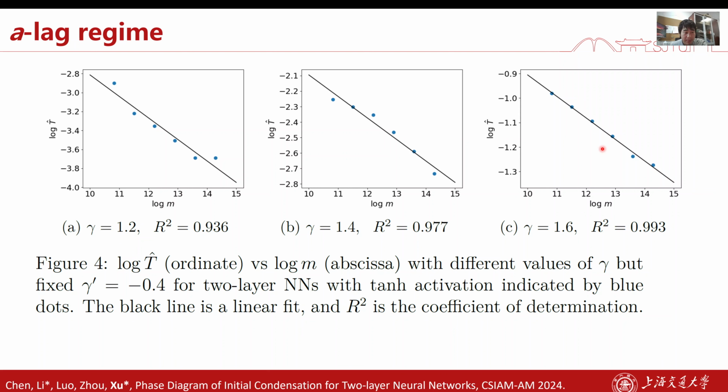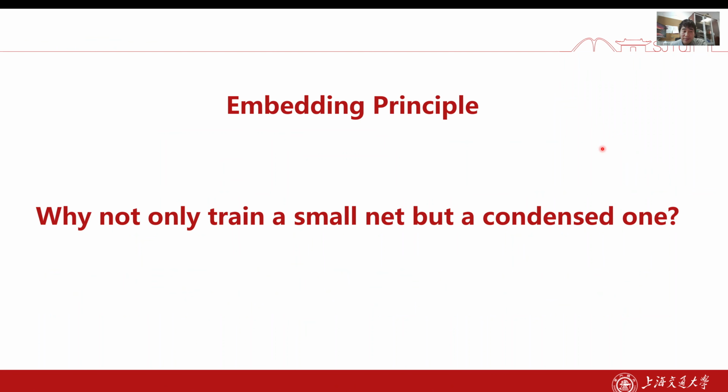And in the next piece, we actually wonder: if after condensation the neural network is equivalent to a small network, why don't we train a small net, rather than train a condensed large network? This will be related to the embedding principle we are going to talk about. In this piece, we will talk about this embedding principle to try to answer this.